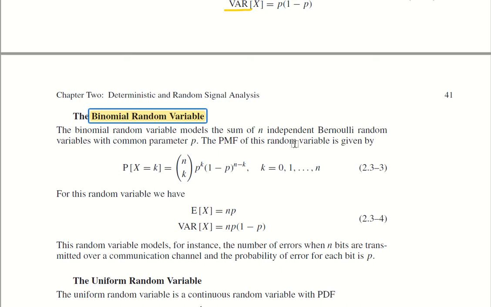The binomial is the summation of Bernoulli random variables. So it has this probability density function and also the mean and variance.